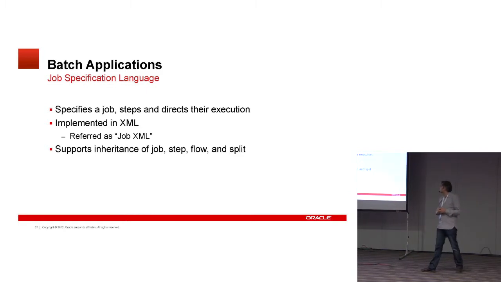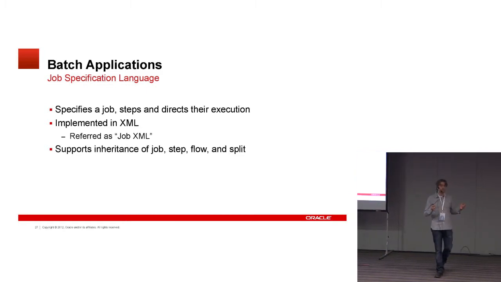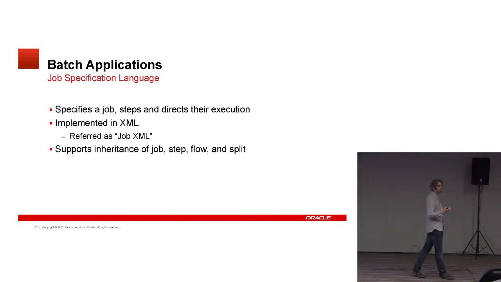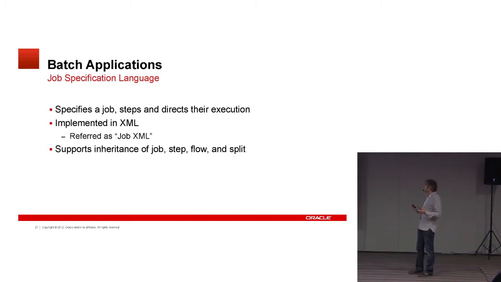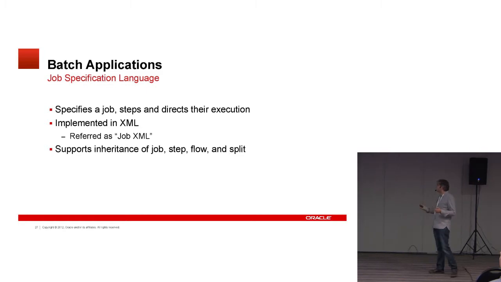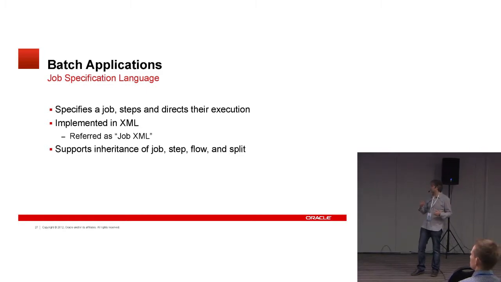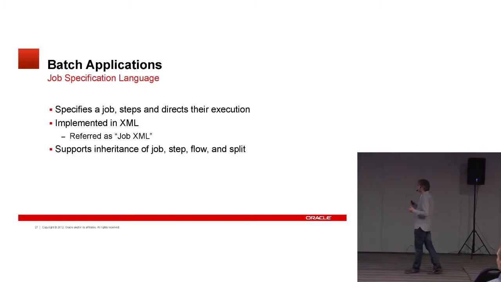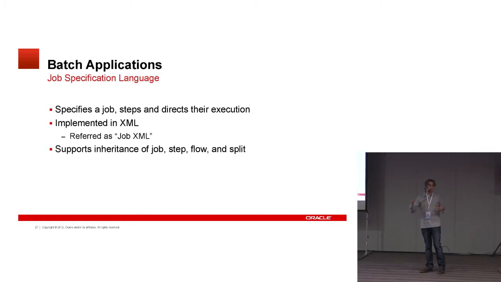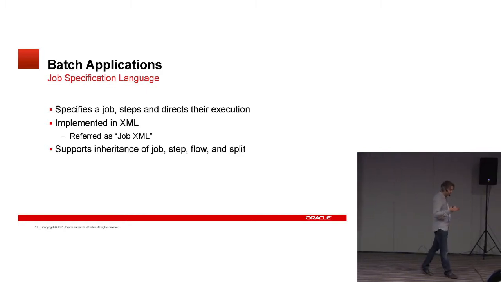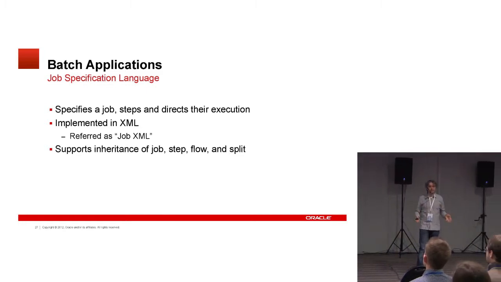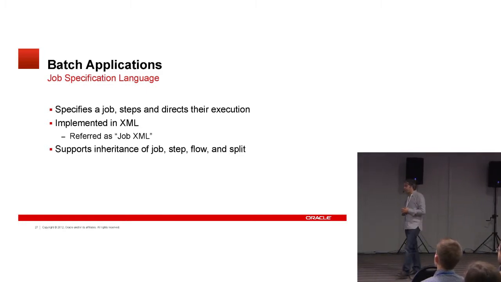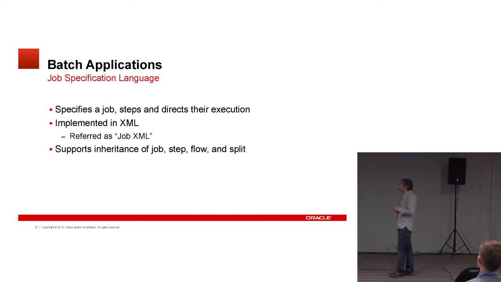So the jobs themselves are defined using that specific XML language. It has a lot of capabilities, such as inheritance of jobs. You can obviously define the steps, but you can also define flows. You can also define within JSL what needs to be done whenever, for example, one of the steps raises an exception. Those kinds of things. So it's really powerful.